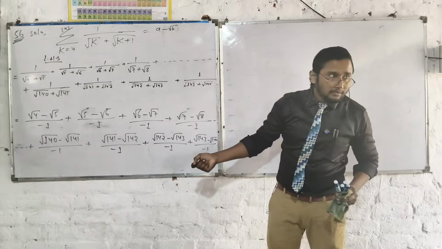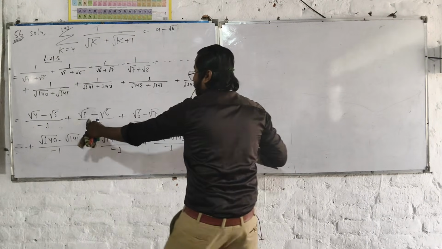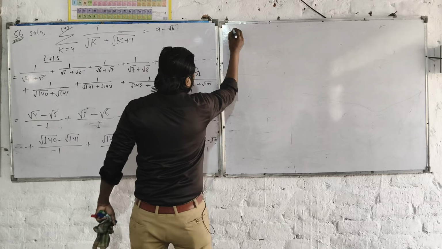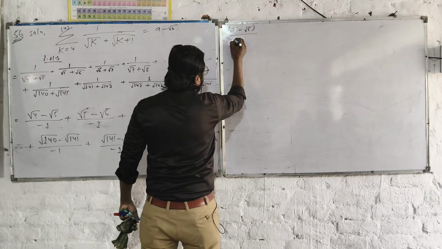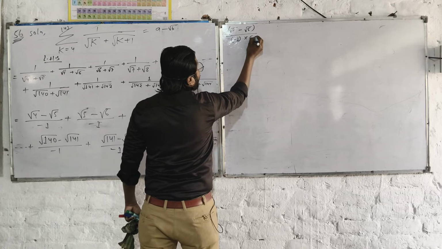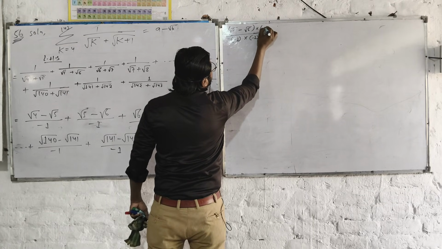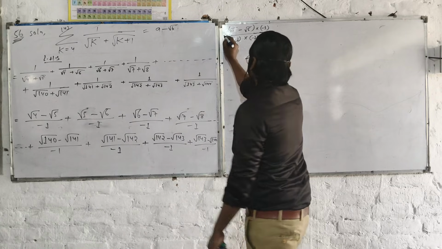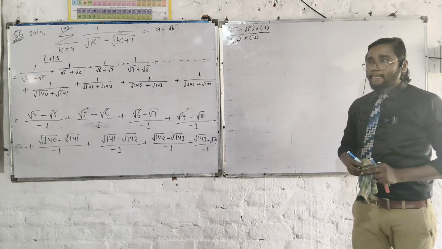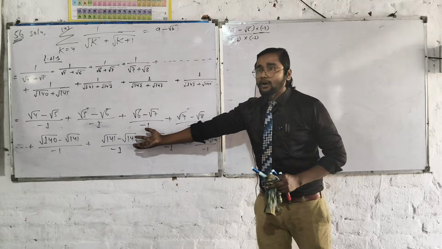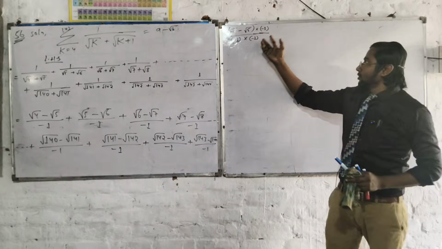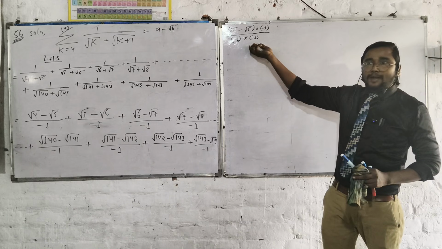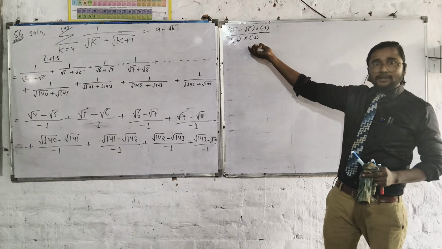So you tell me, root under 4 minus root under 5 by minus 1. So definitely I have to take the minus 1 again, multiplication. Right, wrong? To change the negative 1 to positive, we have to take the multiplication with minus 1.